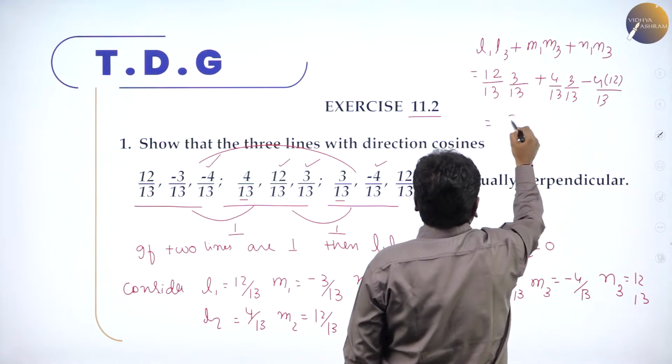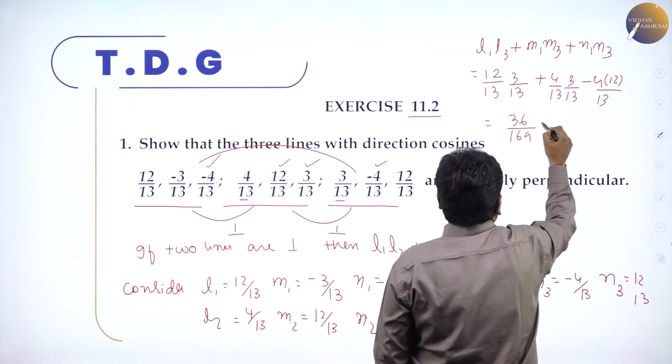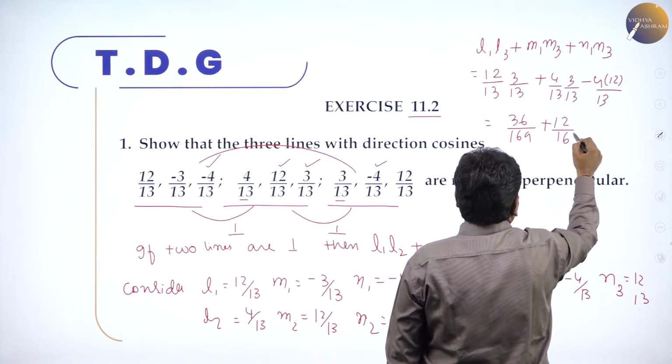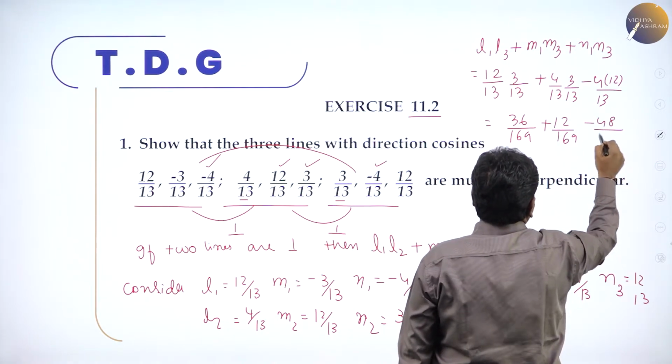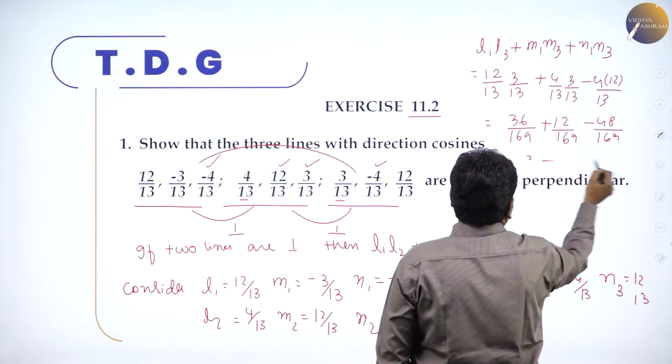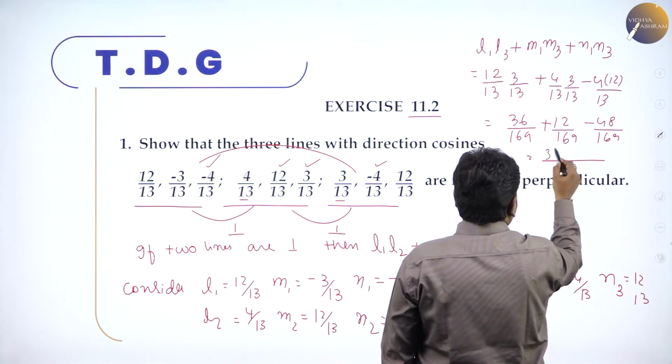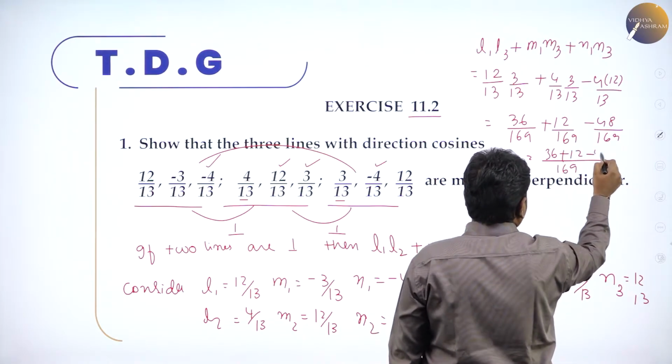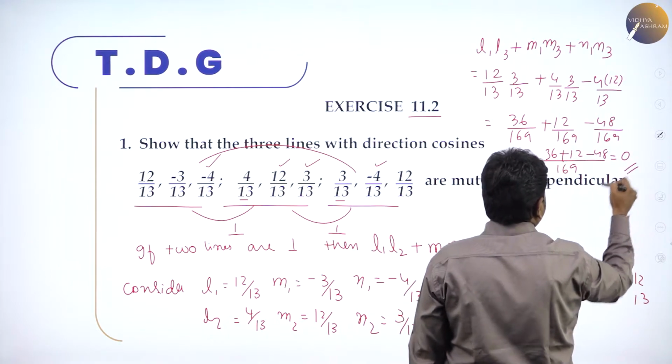Simplify this, it will become 36 by 169, plus 12 by 169, minus 48 by 169. Taking LCM 169, 36 plus 12 minus 48 is 0, so 0 by 169 is 0.